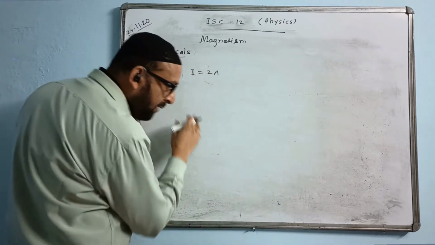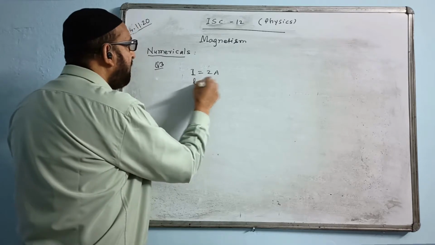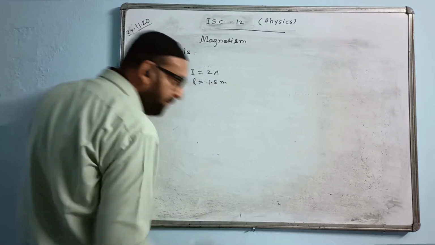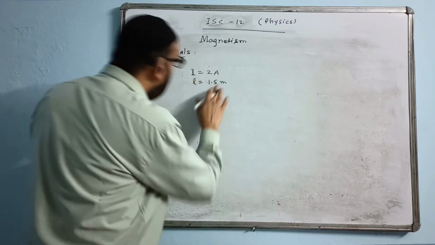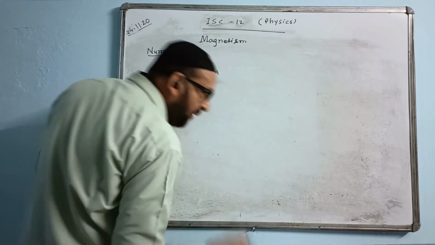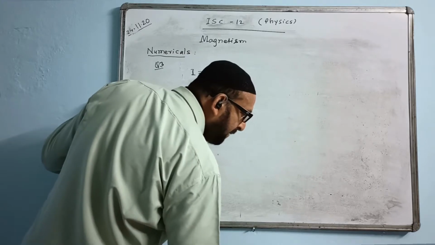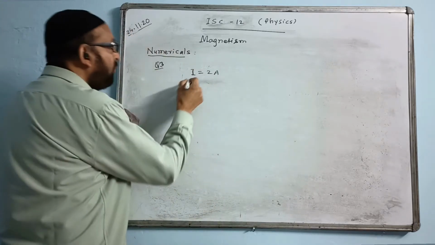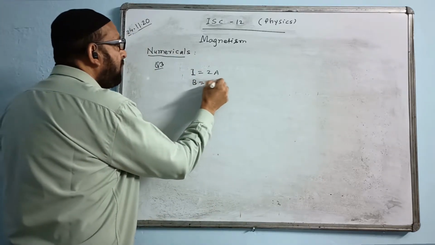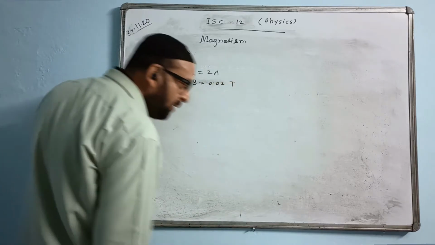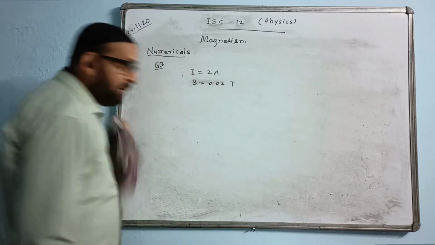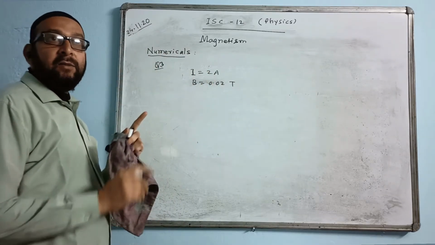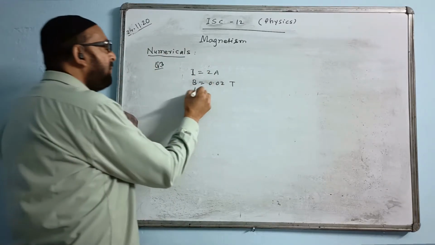No, sorry, L is not given. It is placed in a uniform field of 0.02. B is given 0.02 Tesla, which makes an angle of 30 degree with the wire. That is theta value given 30 degree.